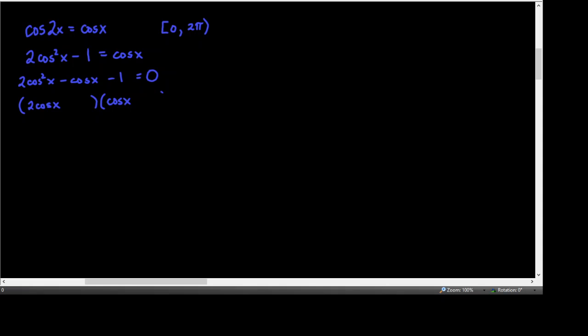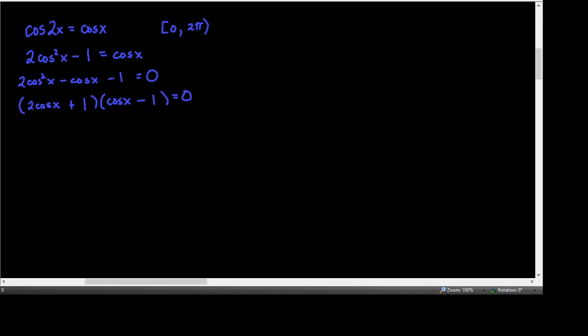The only way I can get negative 1 is 1 times negative 1. So I know there'll be a 1 in both of these places. One of them is positive, the other is negative. So which way will it go so that we end up with negative 1 cosine x? Well, if it's negative 2 cosine x plus 1x, that works.